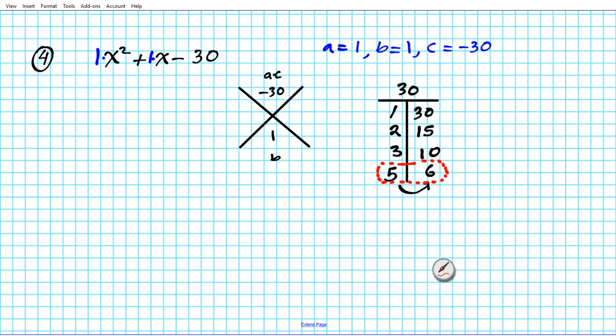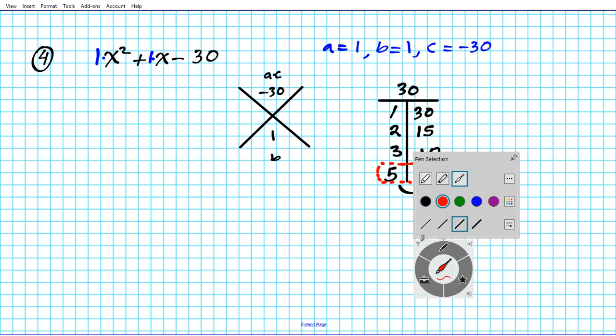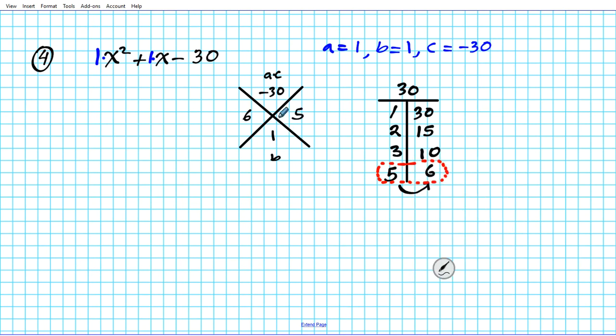All right, so let's put it here. We're going to put the numbers 6 and 5. But we have to make sure that the signs work. Since the product is negative and the sum is positive, the smaller number has to be the negative one.